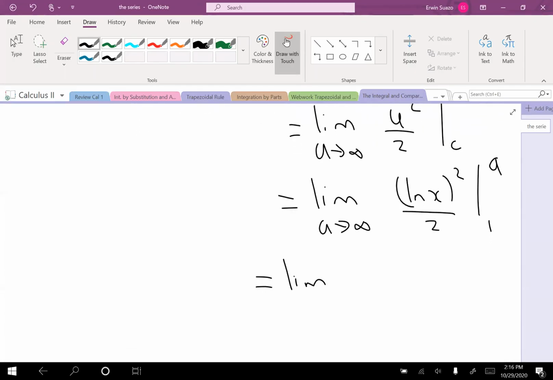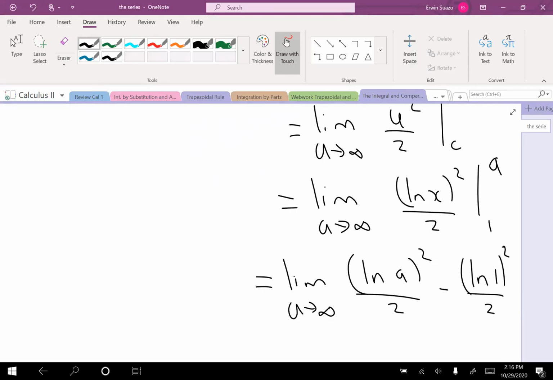I get the limit as a goes to infinity of ln of a squared divided by 2 minus ln of 1 squared divided by 2. So what is ln of 1? Zero.